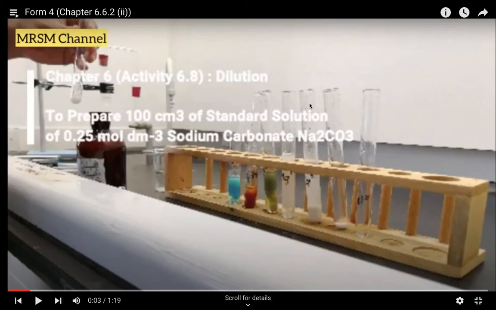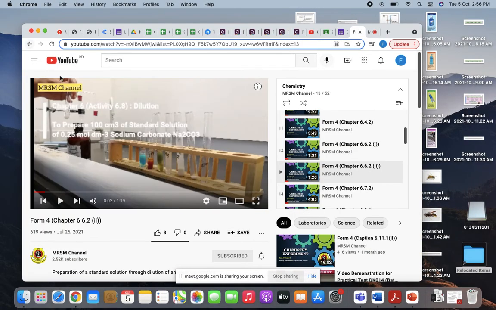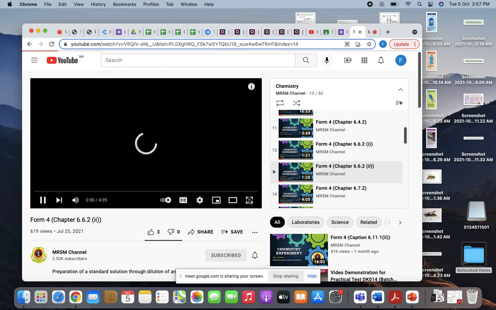Can I have some response? Can you see my screen changes now? Yes. Okay. Alright. Okay, jom kita tengok sekejap. Okay, this is activity. Ni dilution, sorry. The wrong one. Sorry, not this one. It is 6.7.2 neutralization, acid-base titration.